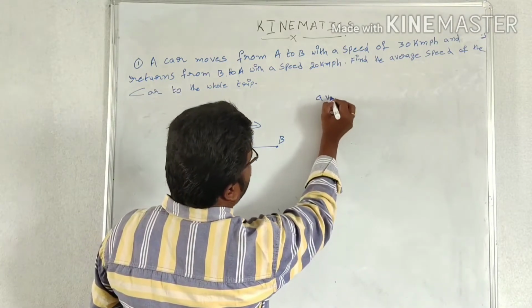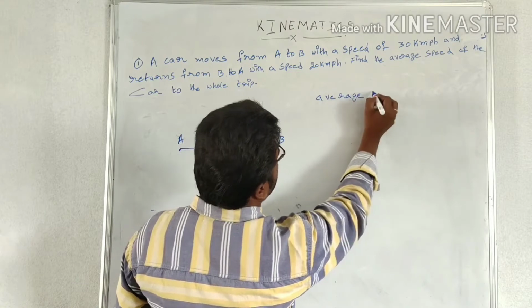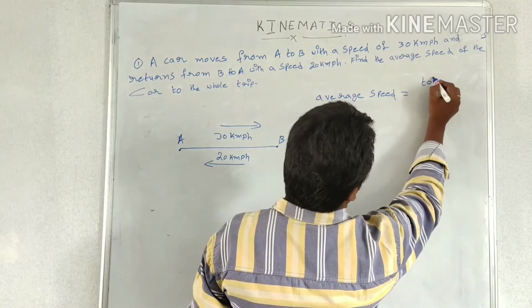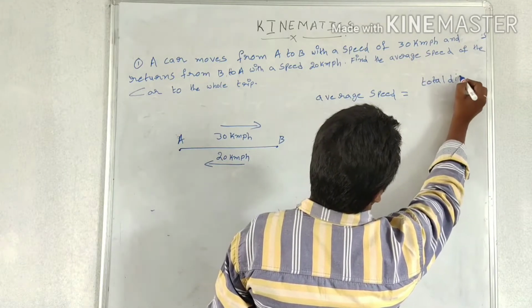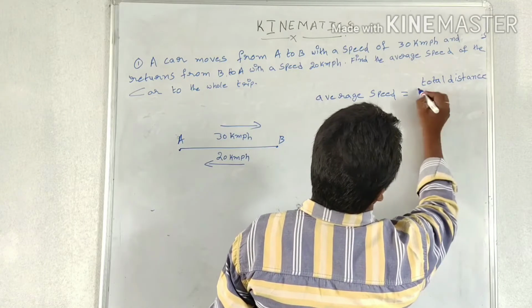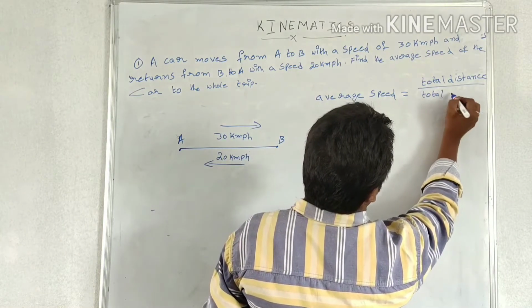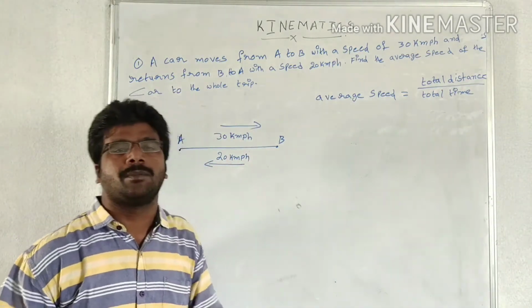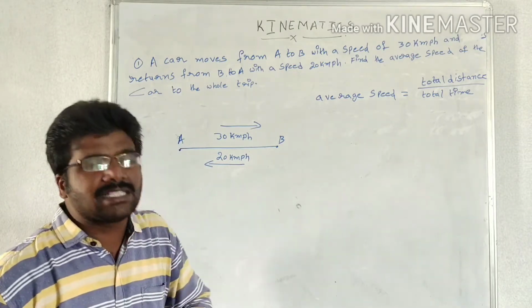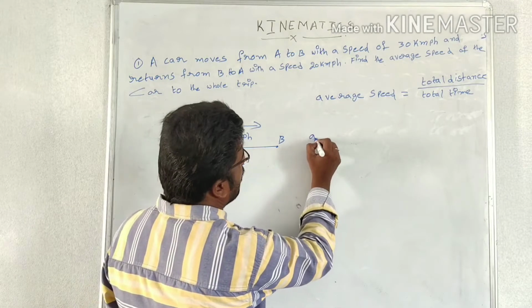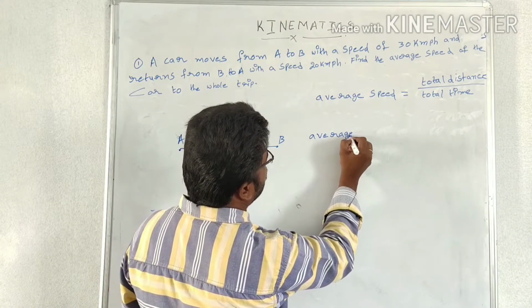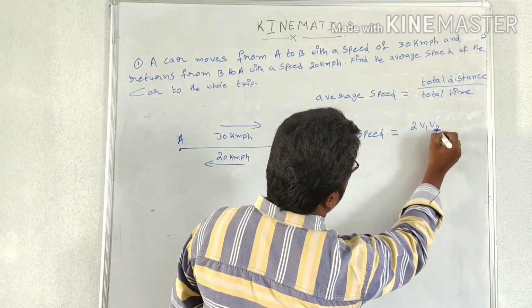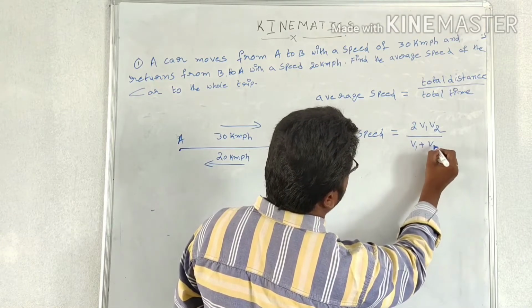We know the formula for average speed. What is the formula for average speed? That is total distance by total time taken. Here there is no total distance and no total time given. In order to do a problem like this, there is a small shortcut: average speed equal to 2 V1 V2 by V1 plus V2.